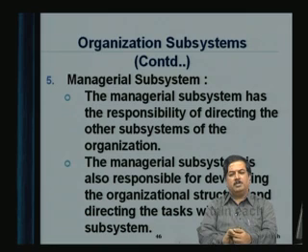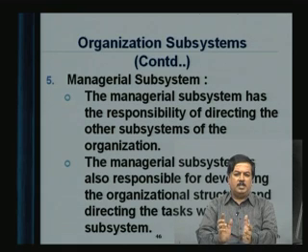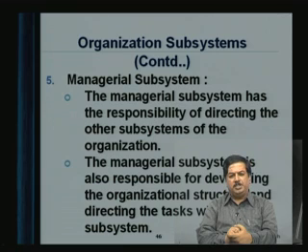And finally, one also talks about the managerial subsystem. The managerial subsystem has the responsibility of directing the other systems of the organization that we talked about: the throughput, the acquiring of the resources, and how these resources should reach different groups in the environment in terms of the disposal.